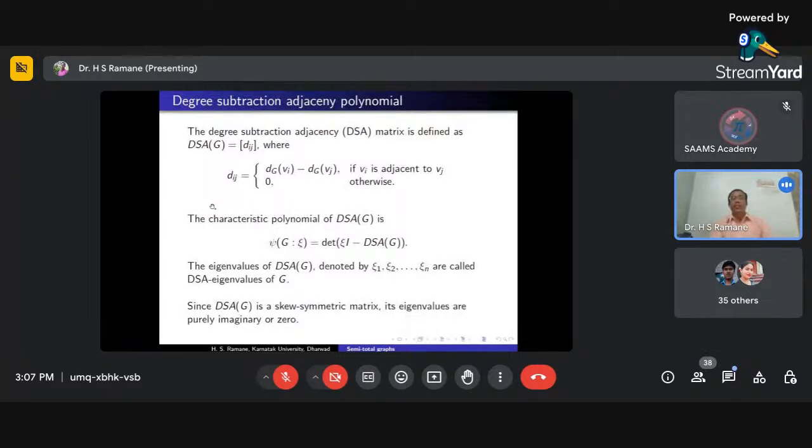Okay, next, the degree subtraction adjacency polynomial. First we will define the degree subtraction adjacency matrix. It is the square matrix D_ij, where the ijth entry is the degree of Vi minus the degree of Vj if Vi and Vj are adjacent, otherwise 0.